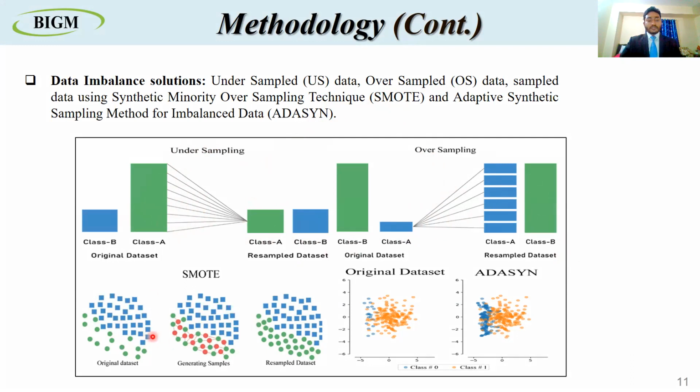SMOTE synthesizes new data from the minority class to balance with the majority class. And ADASYN also synthesizes new data from the minority class, but it does not replicate the same data of the minority class. Additionally, it uses kernel density distribution for the generation of the new dataset.